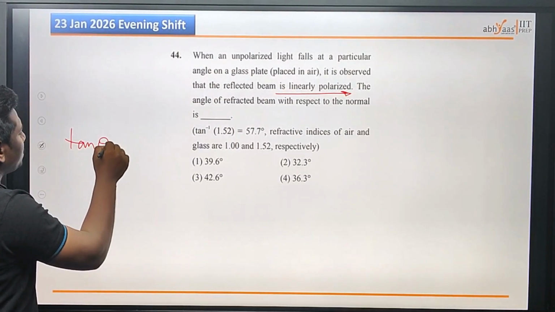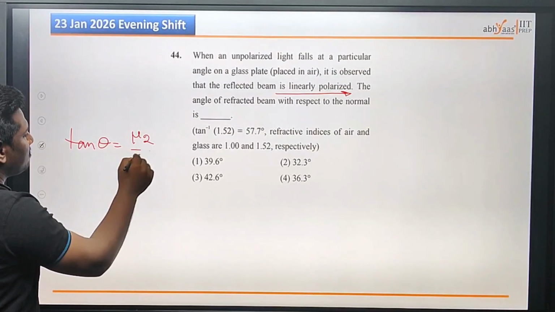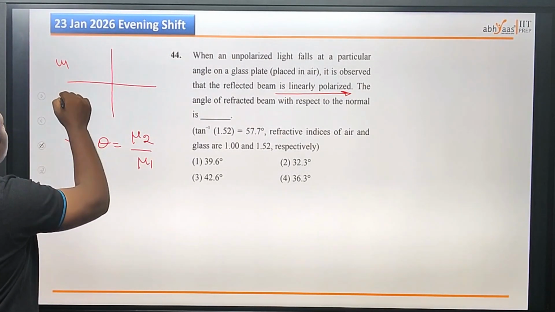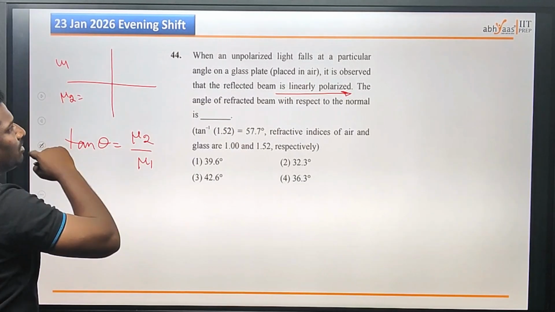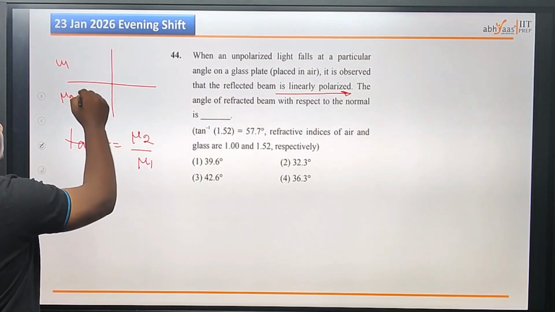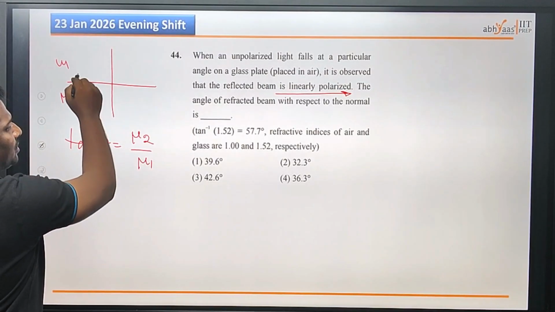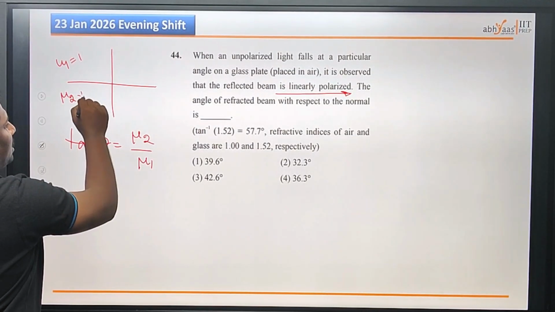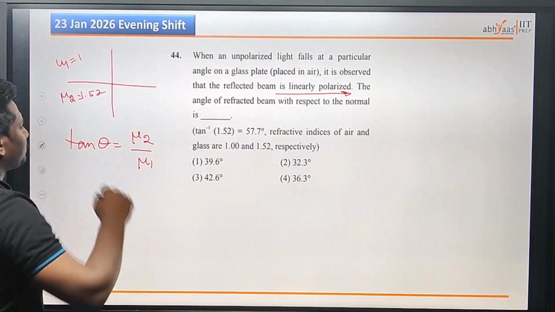Tan theta can be written as mu 2 by mu 1. So if you see here, this is our mu 1 and this is our mu 2. Mu 1 is nothing but the refractive index of air, equal to 1, and for glass 1.52.